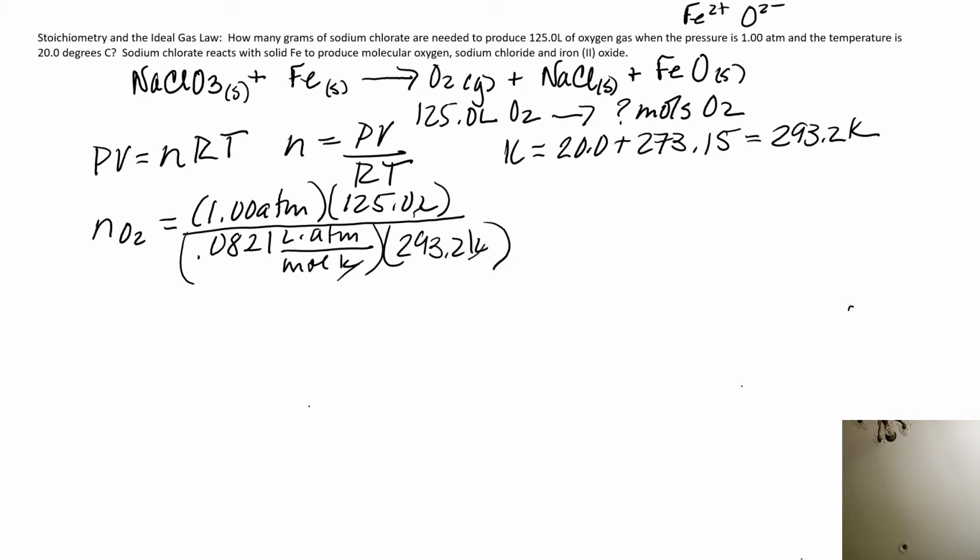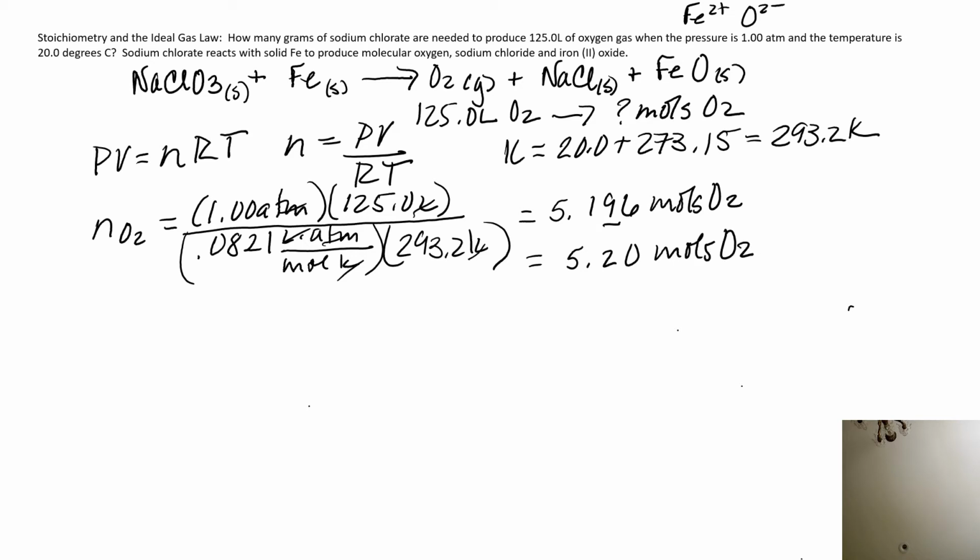Kelvins cancel, liters cancel, atms cancel, and we have 5.196 moles of O2. 3 sig figs here. I'm going to go ahead and round that to 5.20 moles.